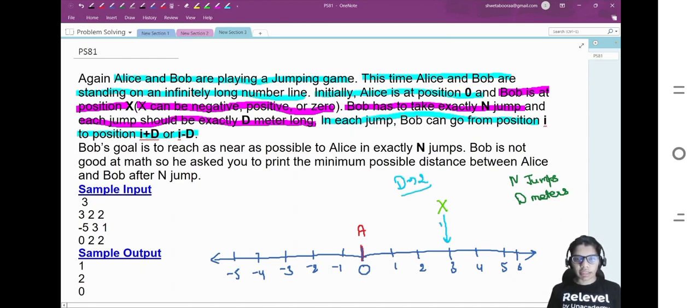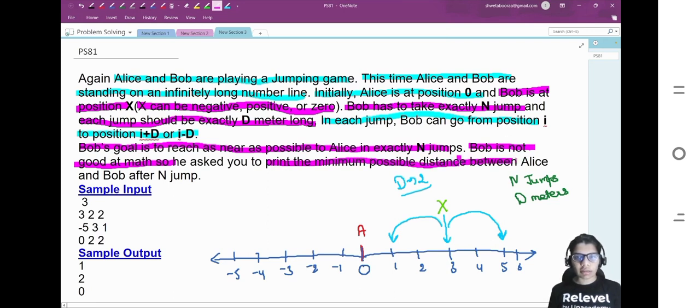So either X can take a jump of 2 on its left side, or it can take a jump of 2 on its right side. Next thing is, Bob's goal is to reach as near as possible to Alice in exactly n jumps. Bob is not good at math, so you need to help him and find the minimum possible distance between Alice and Bob after n jumps.